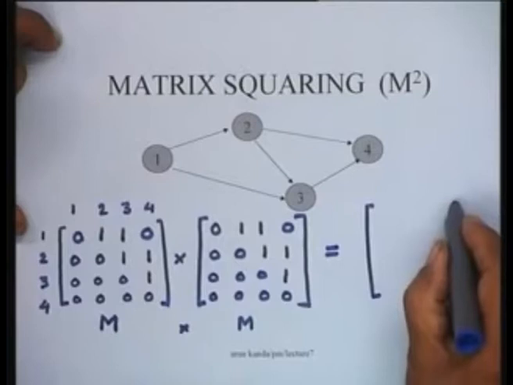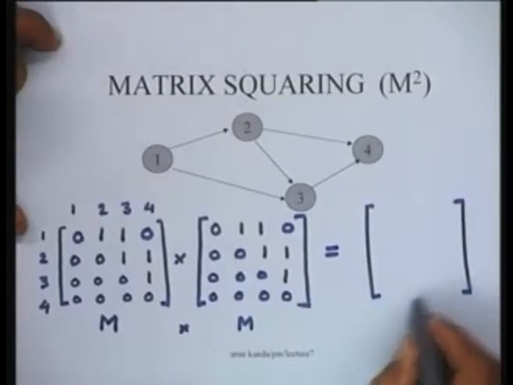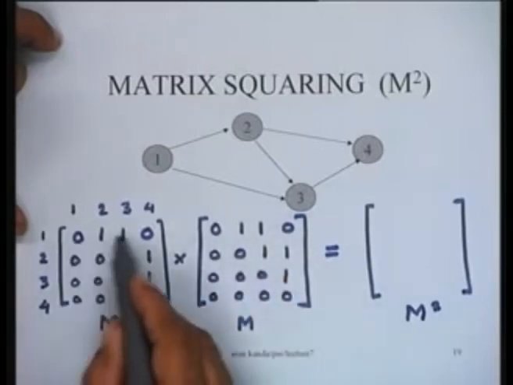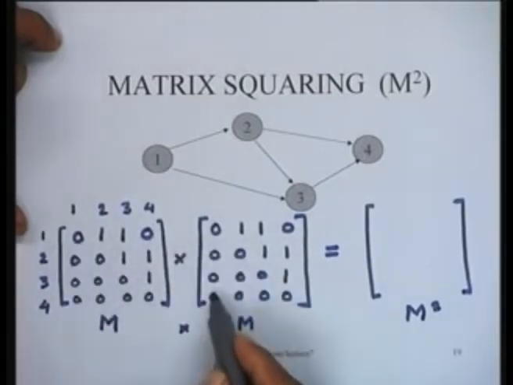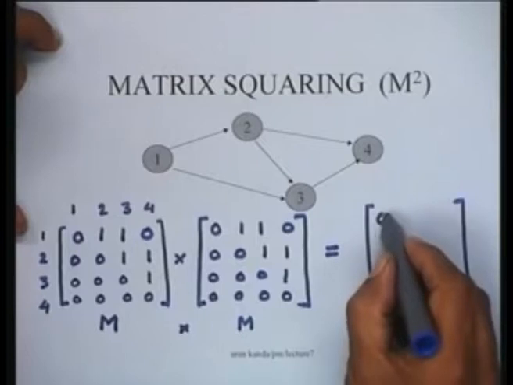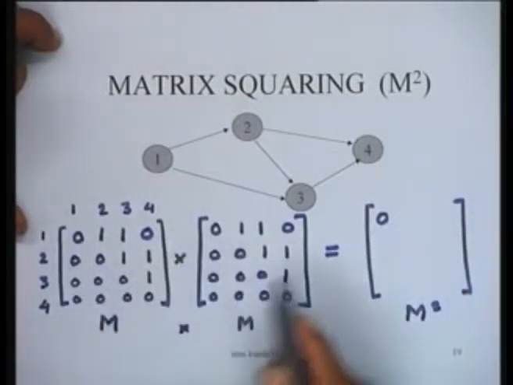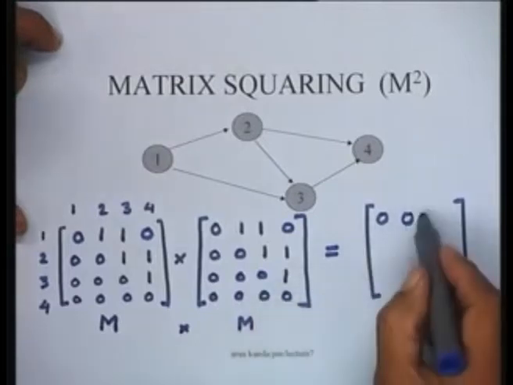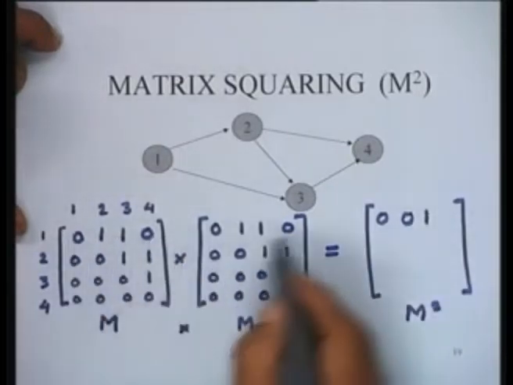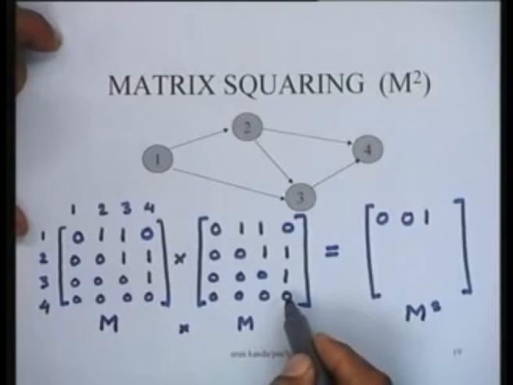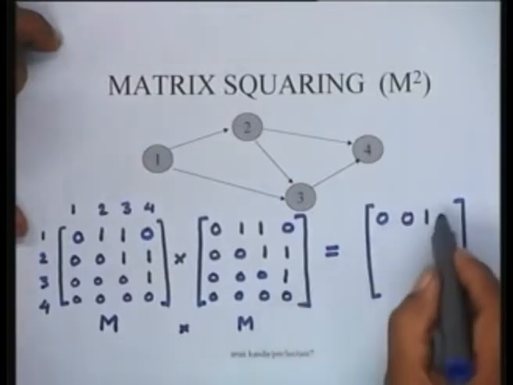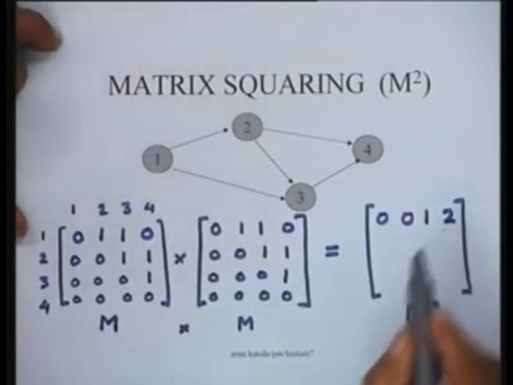Let us find out what that value is. The first row with the first column is all zeros. The first row with the second column is zeros. The first row with the third column generates 1. The first row with the fourth column generates 1 plus 1, which is 2.